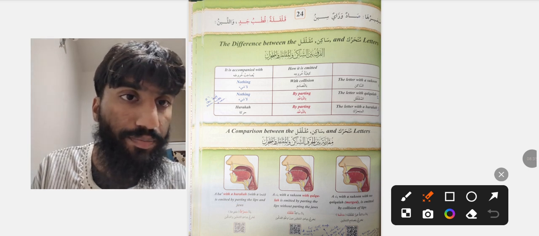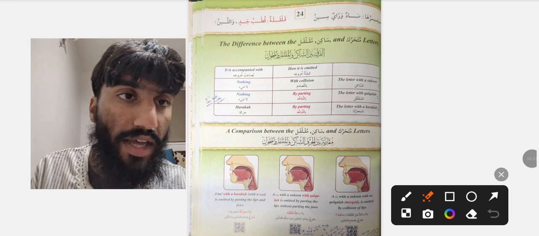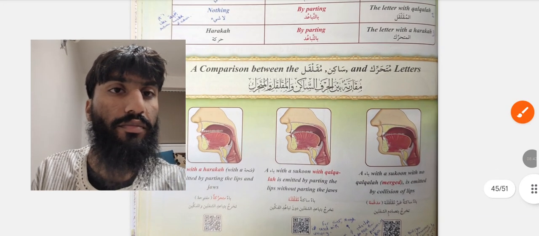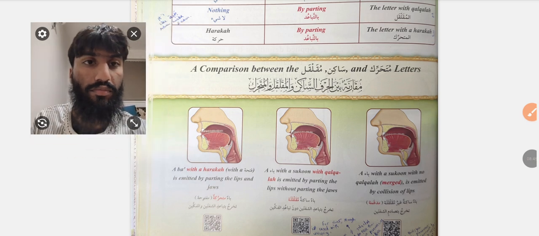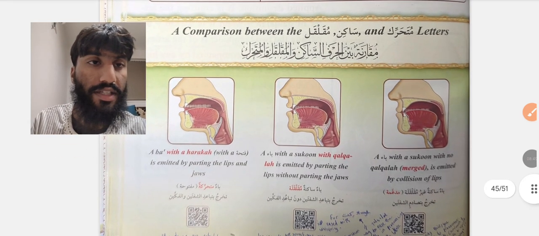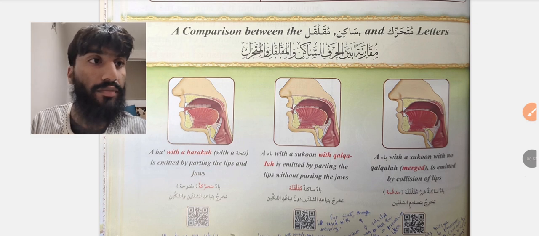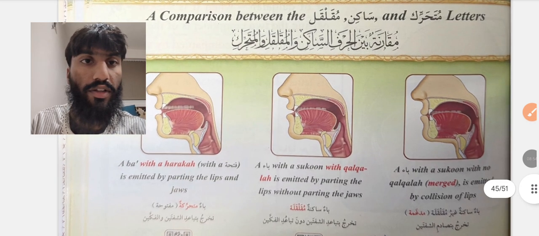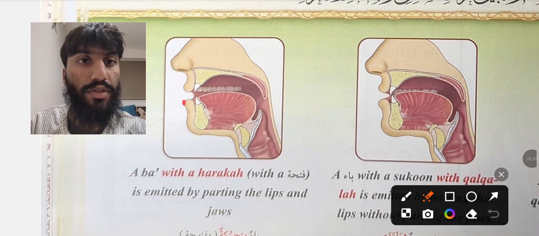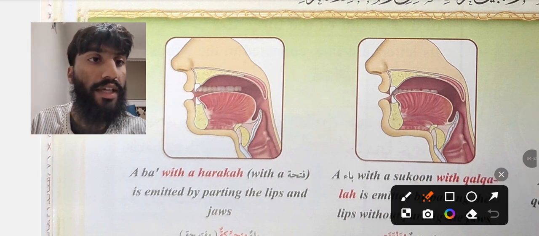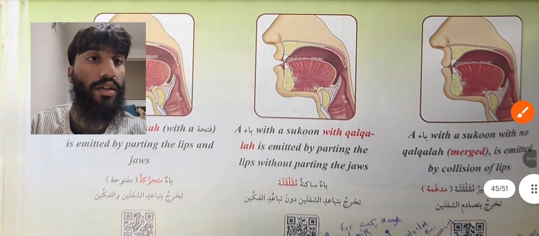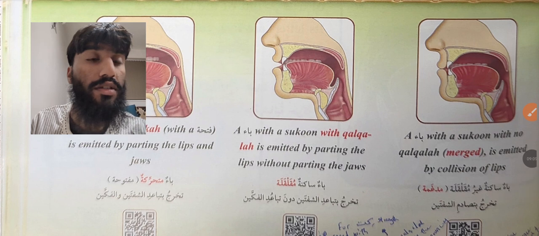Here's a comparison, look. Let's zoom into this. Here you have a ba with haraka. As you can see, the mouth is opened. Look here, the mouth has opened. But here, a ba with sukoon, with qalqala, it's only parted to let sound out.